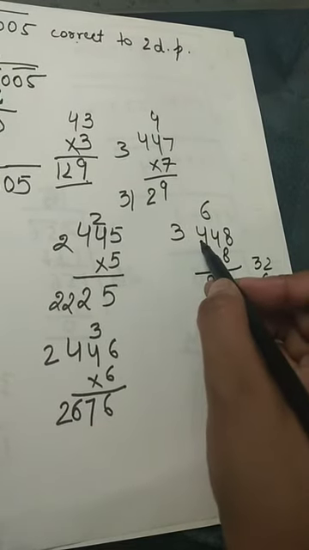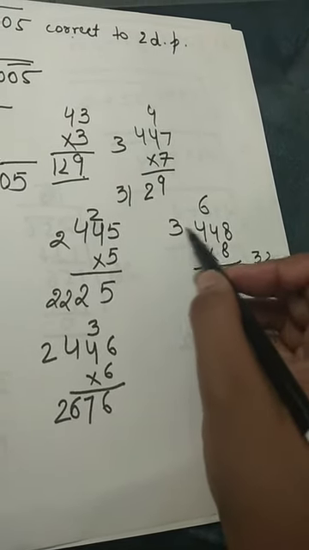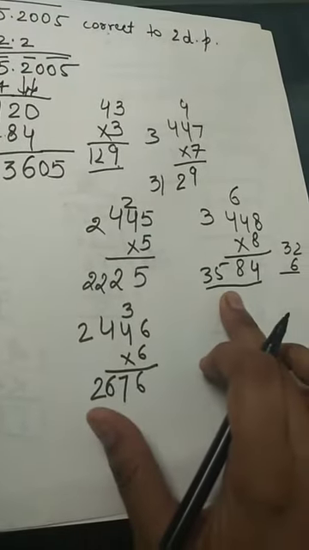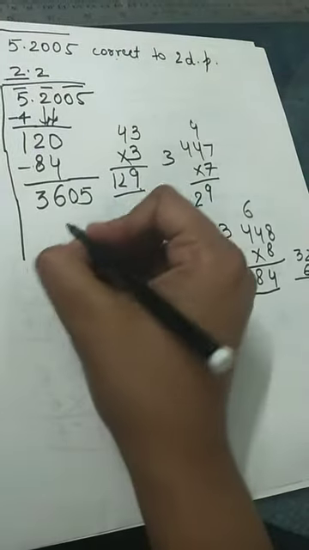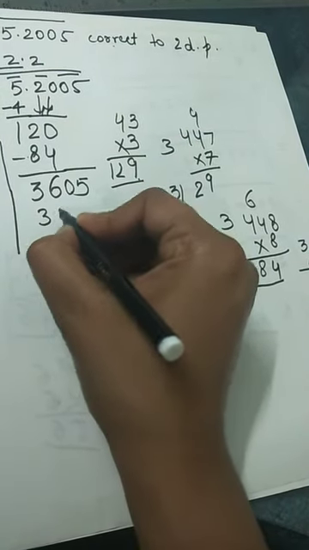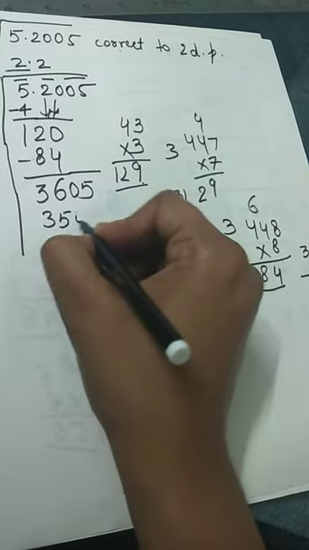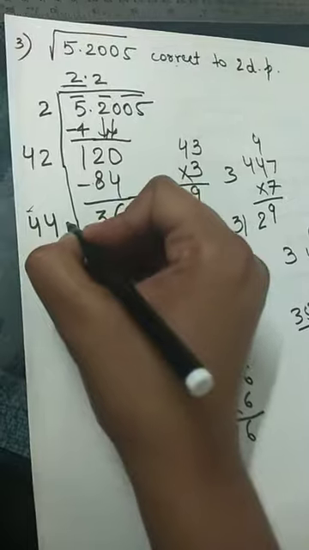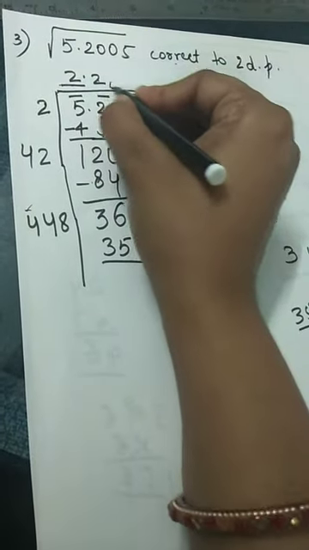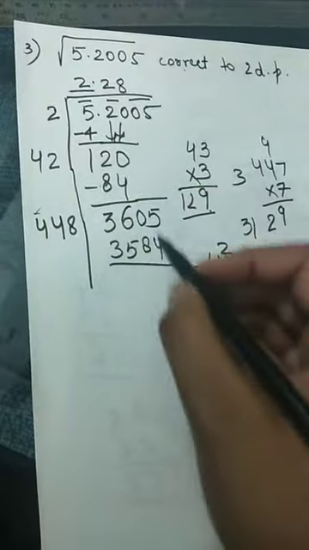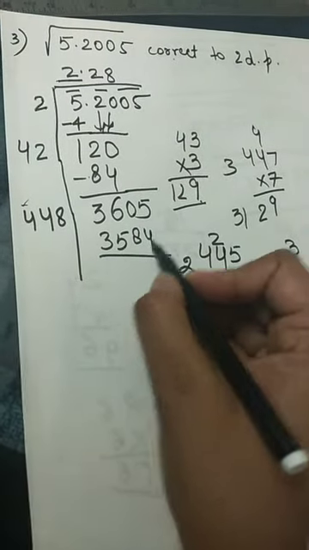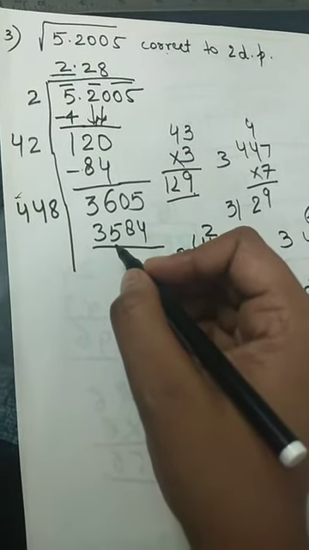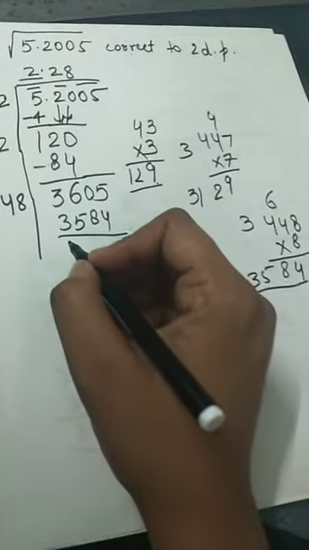8 4s are 32, 32 and 3 is 35, which is approximately near to this number, so we will take it as 8. We'll take the number as 8. 8 8s are 64, 4 carry 6, 8 4s are 32, 32 and 6 is 38.